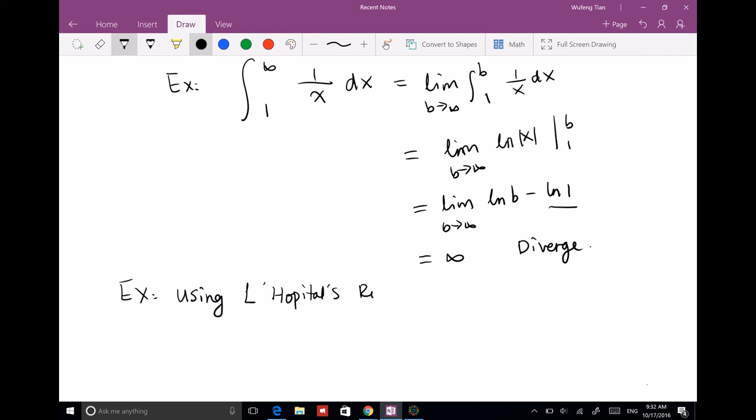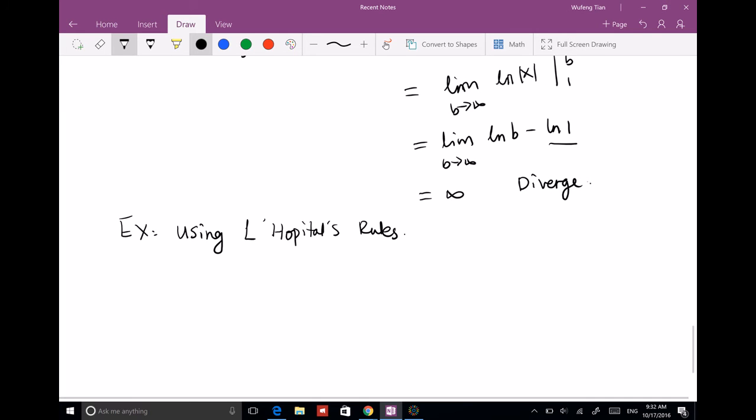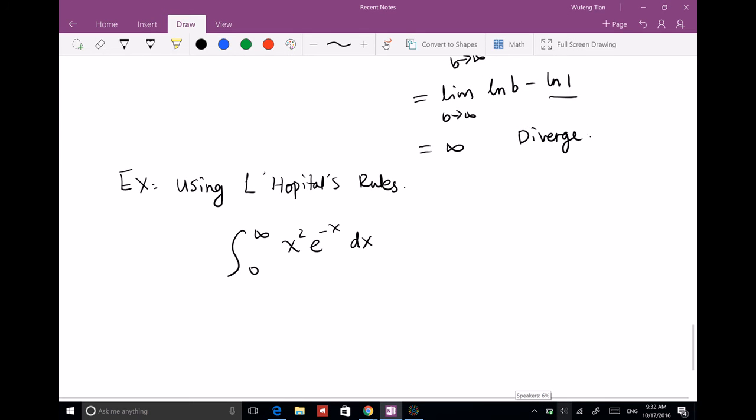So you can use L'Hopital's rule. From 0 to infinity, x squared e to the negative x dx. Now I will give you 3 minutes to try this one by yourself.